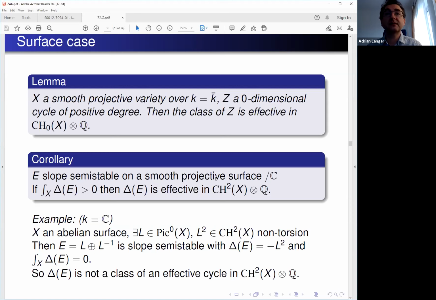So it's not so easy to see what to do with this, but maybe we asked the wrong question. Here we have slope semi-stability.